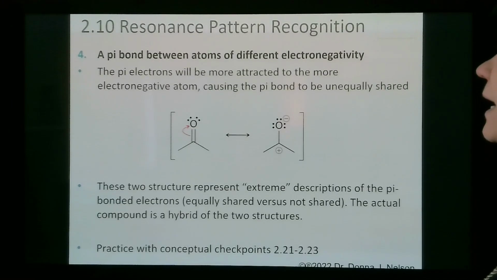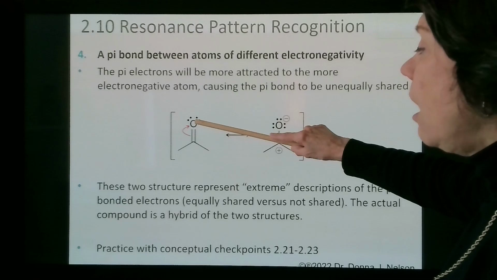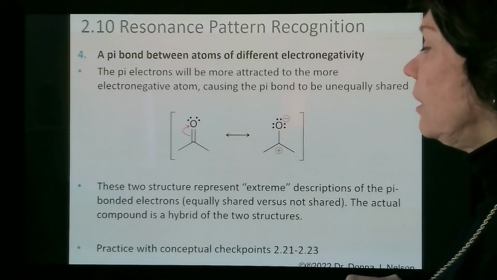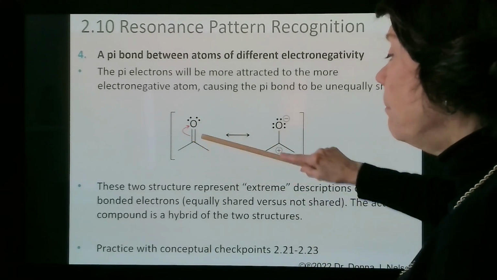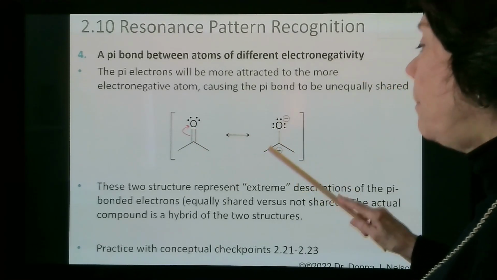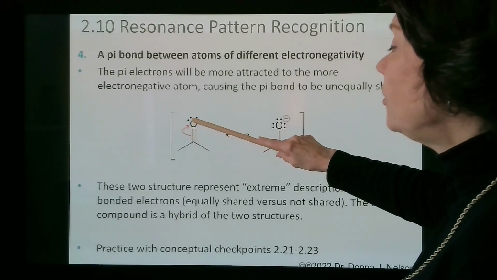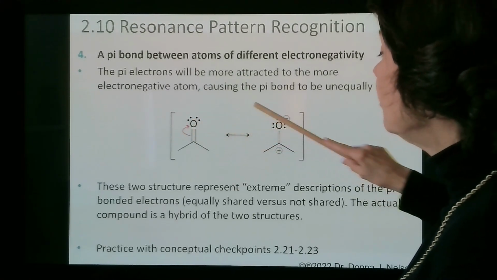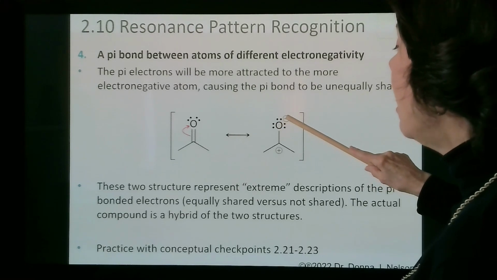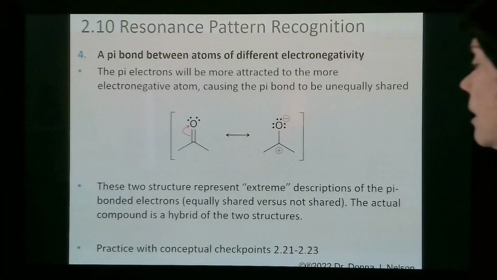A pi bond between atoms of different electronegativity, as in the carbonyl. The oxygen is pulling a lot of density off of carbon, both through the pi bond and through the sigma bond. And so the pi system electron withdrawal is shown by this arrow. The pi electrons move out onto oxygen. Oxygen bears a negative charge. Carbon bears a positive charge.